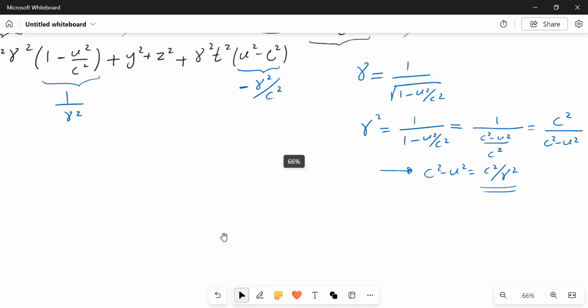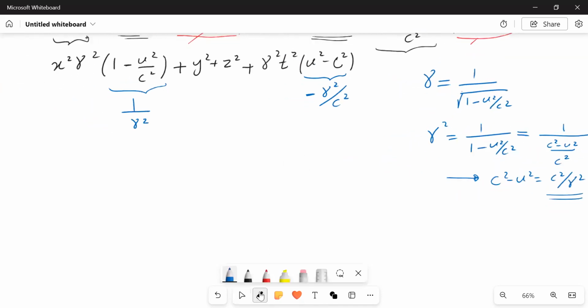Okay, so let's rewrite the square of the norm of the 4 vector again. So you can see here that there's a gamma squared right here. So that gamma squared can cancel this gamma squared. But on the other hand, here we have, let me fix this, yeah, so here you see we have c squared minus u squared is c squared over gamma squared.